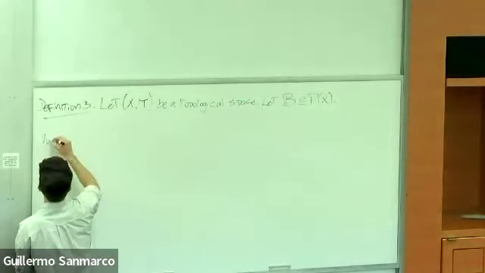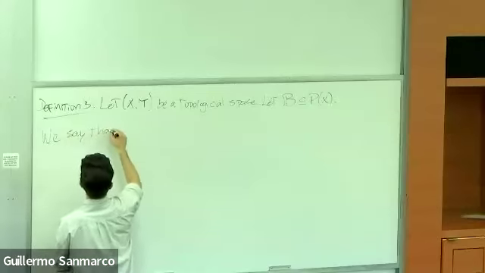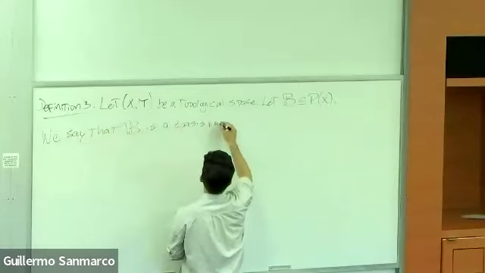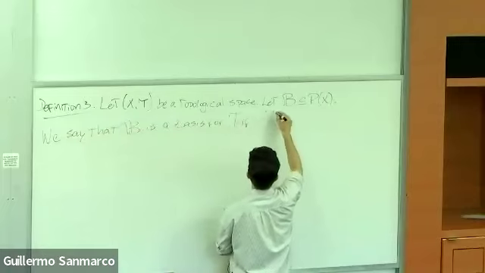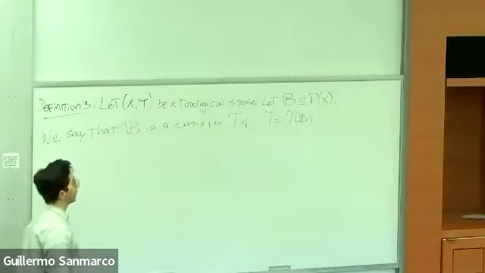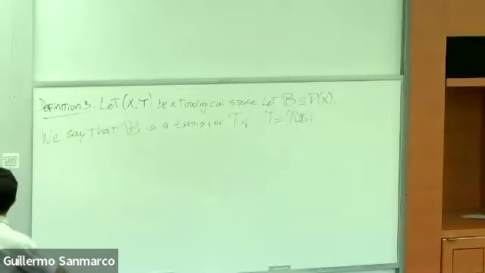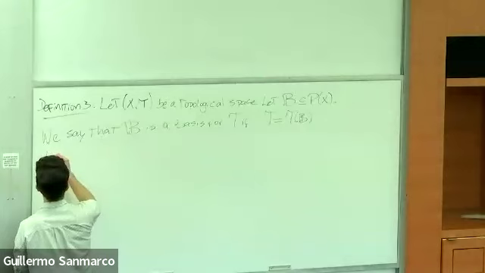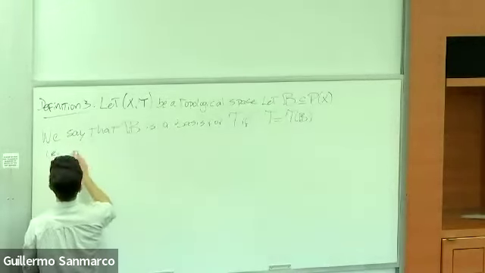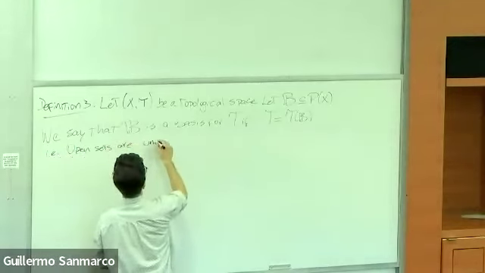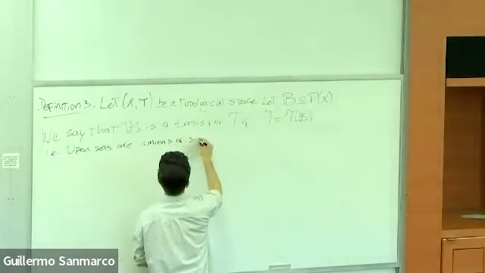So we say that this B is a basis for T if this T that we have coincides with TB we defined before. So what this means is open sets are exactly things that you can write as unions of sets in B.